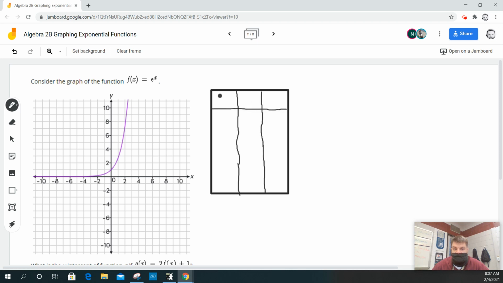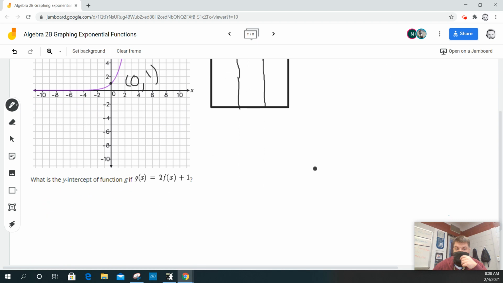So you just got to label the x and y. So this is the x, this is the value of f of x, and this is the value of g of x. So when x equals 0, my f of x equals 1, and then g of x is just going to be 2 times whatever f of x is plus 1, right?